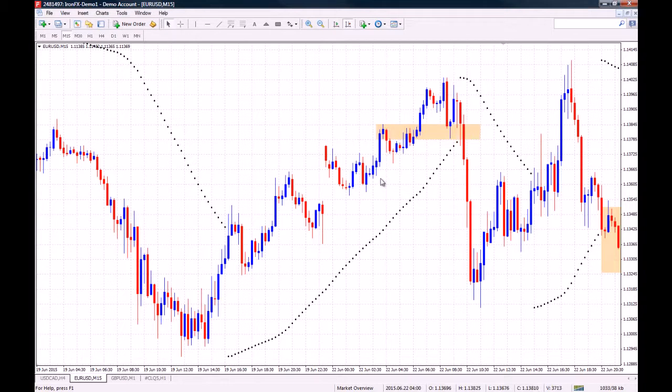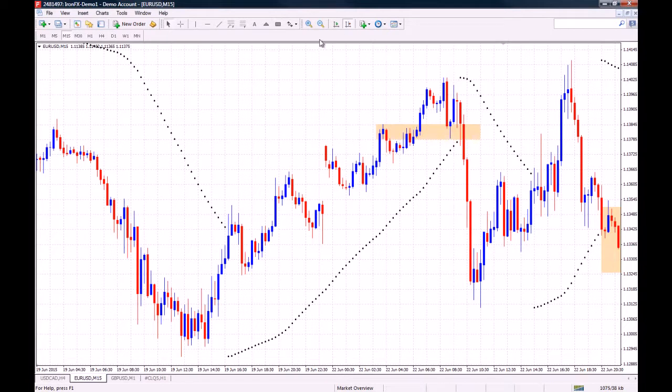Not only do we need price action to break with the parabolic SAR, but we need price action to break with the previous area of support if we are trading to the downside, or resistance if we are trading to the upside, okay? In this case, we are trading to the downside, so step number one, we need the price or the bar to break with the parabolic SAR, and it also needs to break with the previous area of support. In this case, we have both breaks, so we buy put options when this candle closes.